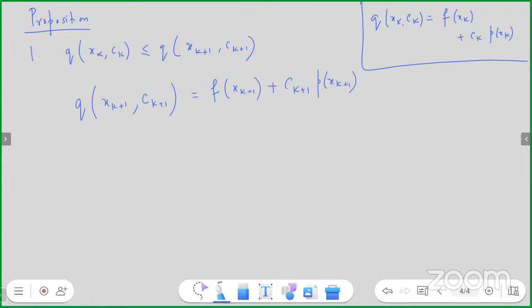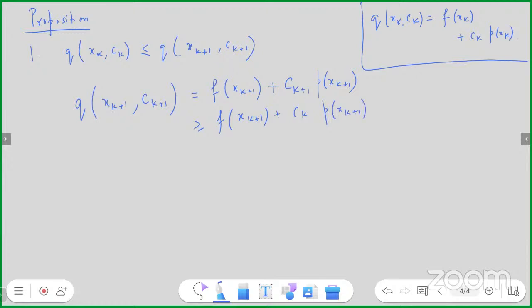What can you say about this? What is the property of the sequence c k plus 1 compared to c k? So this is greater than or equal to f of x k plus 1 plus c k p of x k plus 1.